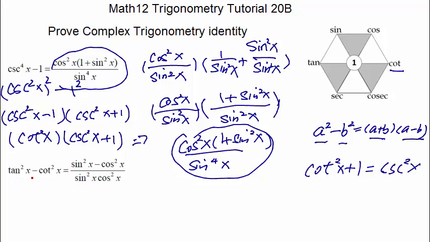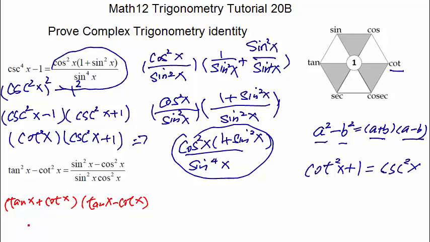Okay, tangent x, cotangent x. So squared, squared. Hey, we can use the same thing, right? We can use tangent x plus cotangent x, and then tangent x minus cotangent x. Okay, let's see what we can do from here.